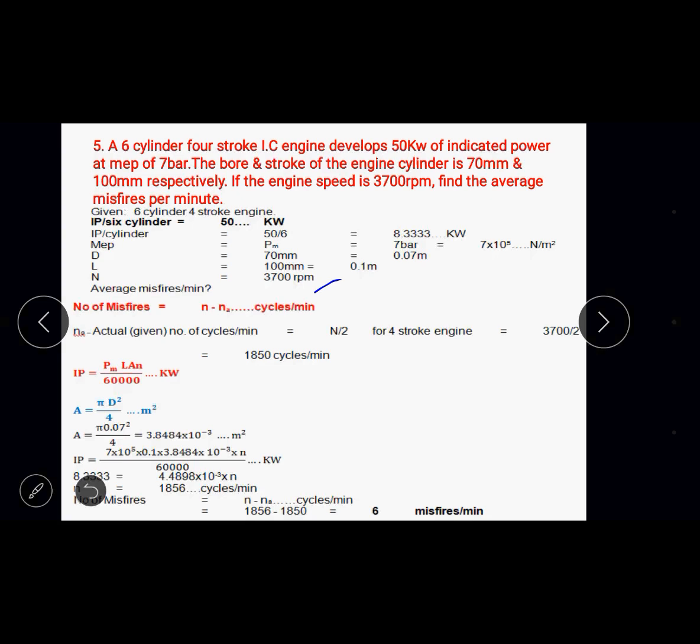So this is na. Na stands for the actual number of cycles given in the statement of the problem. Since capital N is 3700 rpm, na will be 1850 cycles per minute.